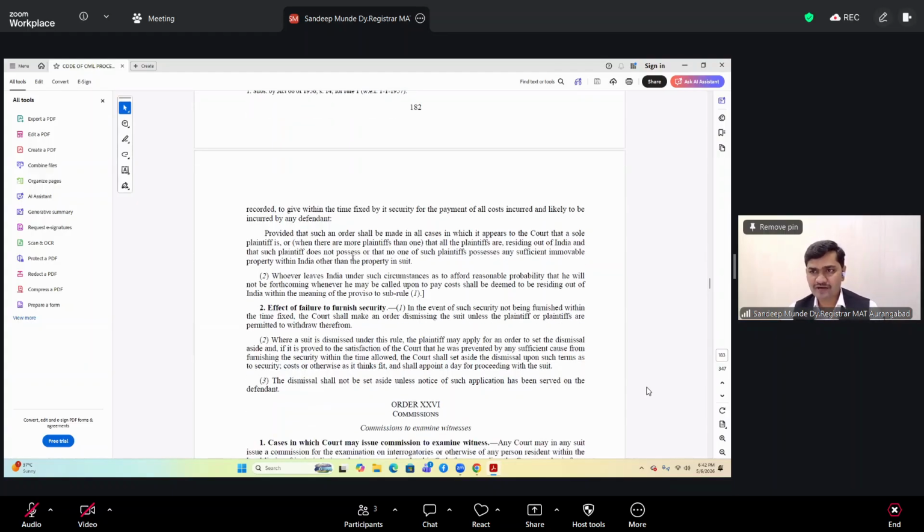So this is the part from Order 22, death, marriage and insolvency of the party; Order 23, withdrawal and adjustment of the suit; Order 24, payment into the court; and Order 25, security for costs.